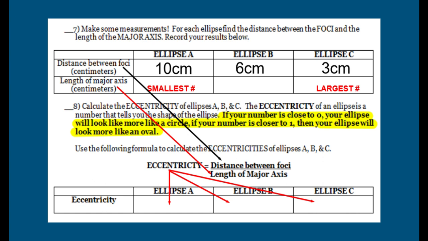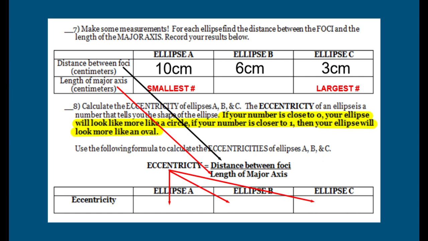So 11 divided by 12 is going to be closer to 1 than our 3 centimeter foci, because remember we had our 11 centimeter string, so there was a lot more slack with the 3 centimeter ellipse. So that made a larger elliptical orbit, made a larger ellipse.